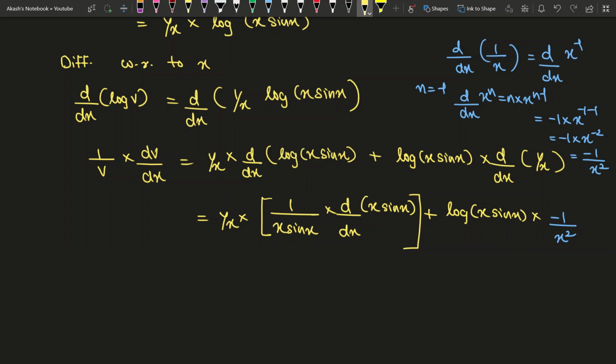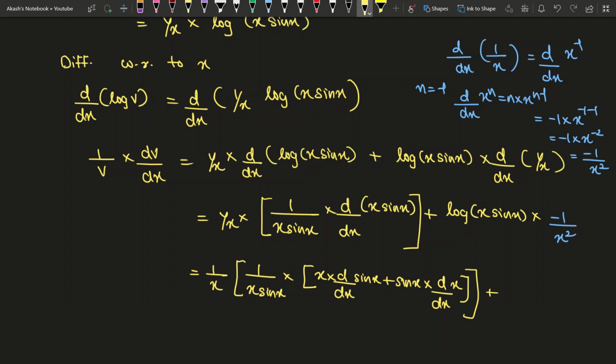Now we need to take this x sin x. This x sin x is also applied with the product rule. So what will you get? You will get 1 by x sin x into the derivative of x sin x, which will be equal to first function x into d by dx of sin x plus second function, that is sin x into d by dx of the first function, x.